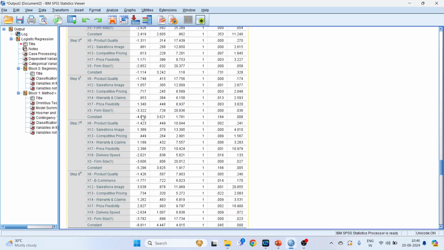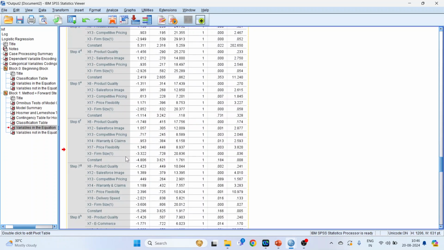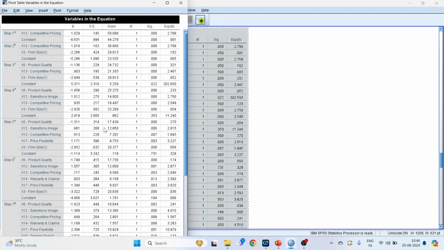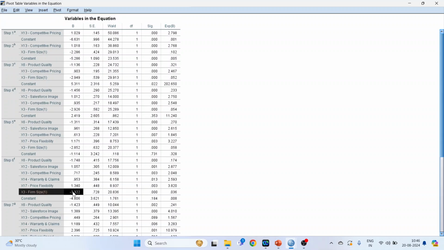In step 6 model, yeah, I was referring step 5. Sorry, we have to refer step 6 model because according to the Hosmer-Lemeshow test, we are working on step 6 model. This is minus 3.322.